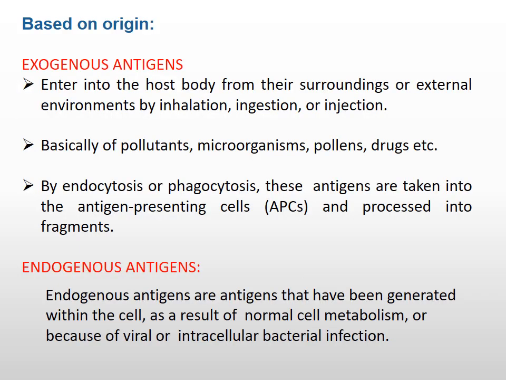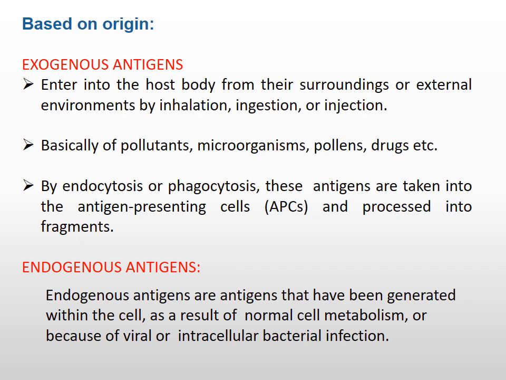Now, based on origin, we can classify the antigen into exogenous and endogenous. So what are exogenous? Exo means outside, genous means generation. So generated outside our body. They must be introduced into the host body from the surroundings, from the external environment, by inhalation, injection, or any other methods.